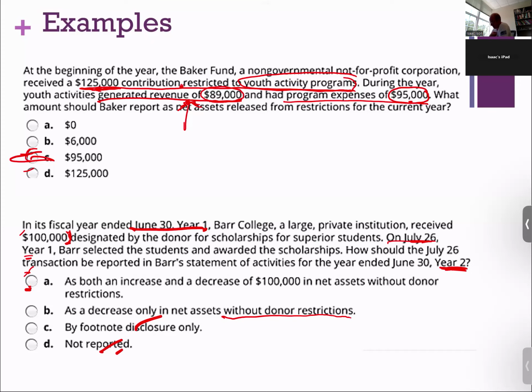So you could make this more complicated and it could maybe be more right. But it would basically be just showing the part about the money coming in with donor restrictions and then that being decreased. So A is definitely the best answer here.